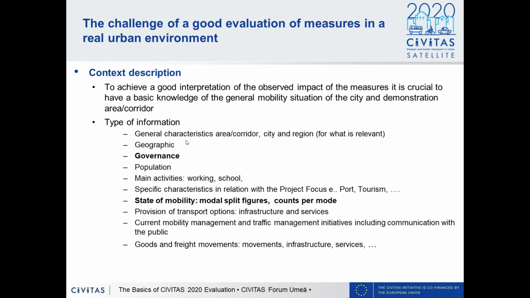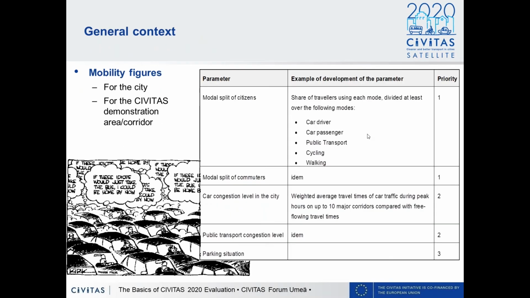So it's really important, and therefore it's in bold also, to at least collect, and here in this scheme you see a kind of prioritization of what's really needed, some more general data on a modal split, the level of cars, congestion in your city, the level of public transport functioning in your city or in the region you're working on. That's crucial to understand what's really happening with this type of measures.